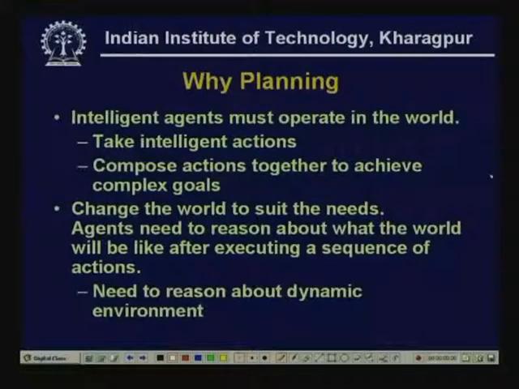And reasoning from this, the agent should be able to formulate a plan to achieve its goals. And in this case, while dealing with planning, the agent needs to reason about dynamic environments, because as the agent is taking an action, the action is usually changing the state of the world. So in the dynamically changing world, the agent has to reason about the effects of its action sequence.